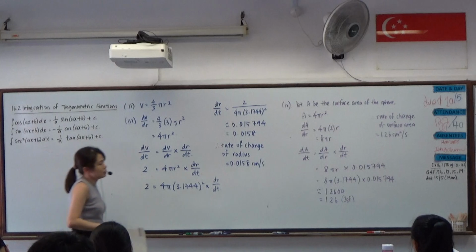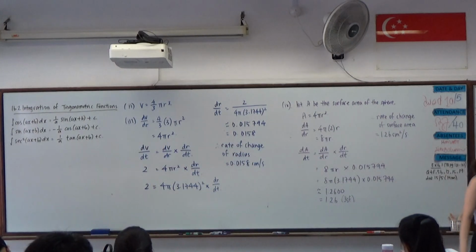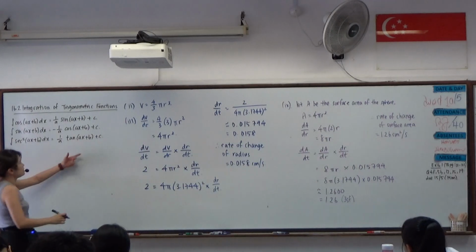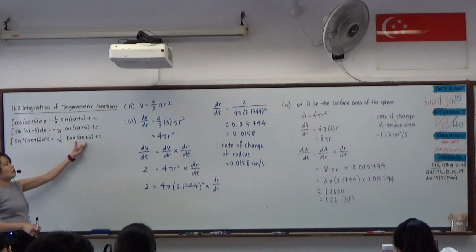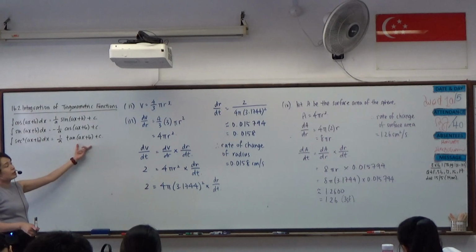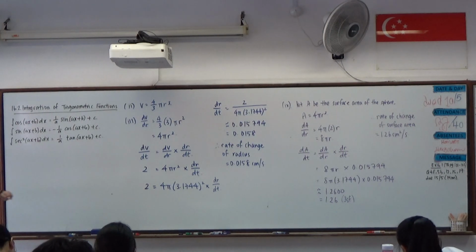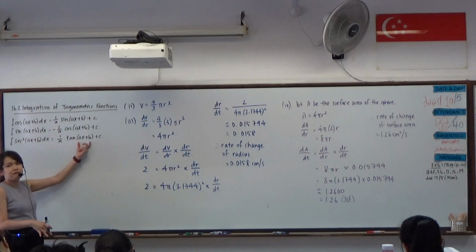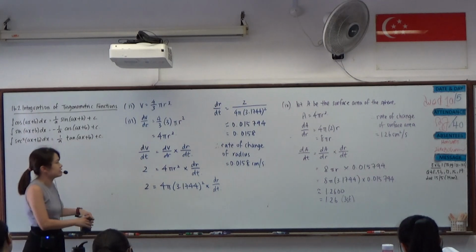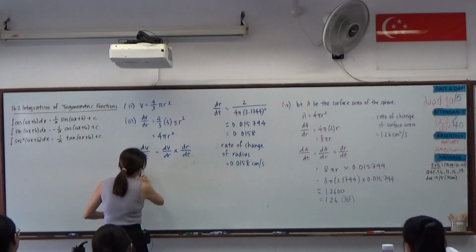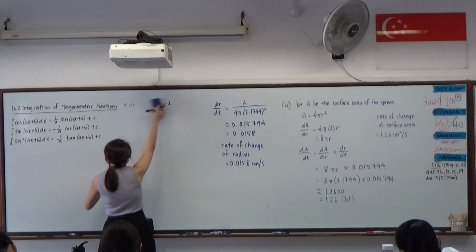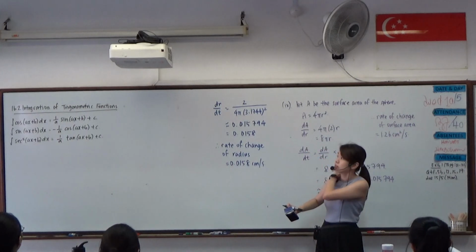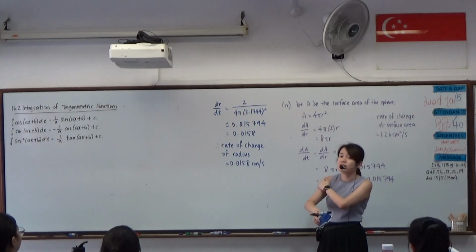I'm writing on the board the most generic form of your trigo integration. When it comes to trigo integration, the things found inside your trigo function are always linear, always in the form ax plus b. In secondary school, we are always looking at linear forms inside. When you go up to JC or do engineering maths, you will definitely learn more integration skills. I think integration skills are more complicated than your differentiation skills.